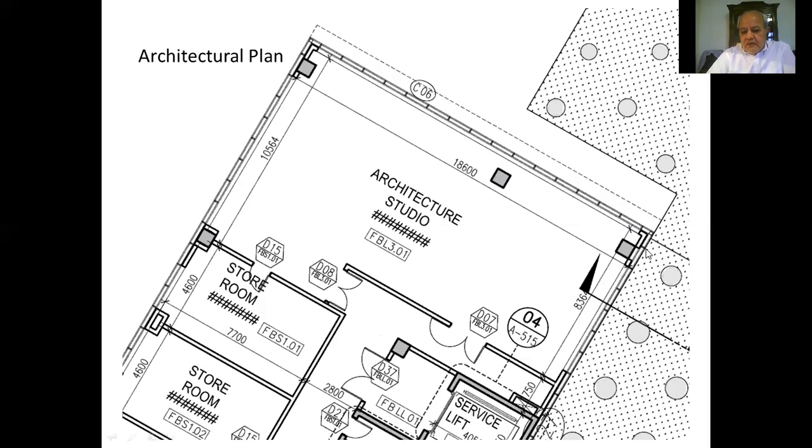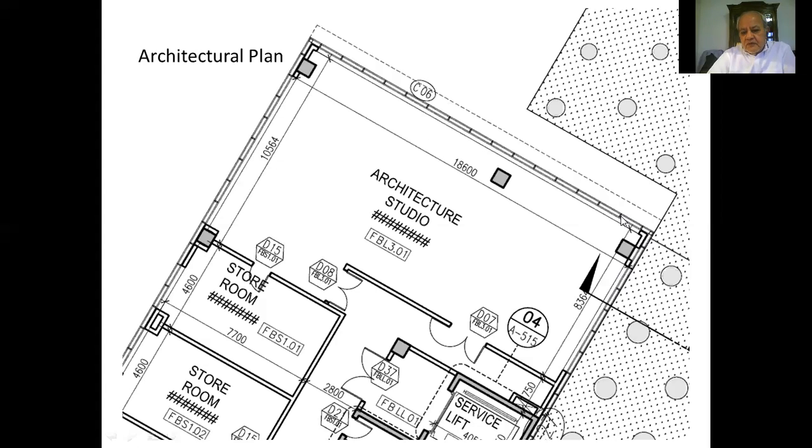And we have to develop our building envelope system. How do we deal with the exterior part of the building? How many layers do we have? Do we have a screen? Do we have a brick wall? Do we have cladding?